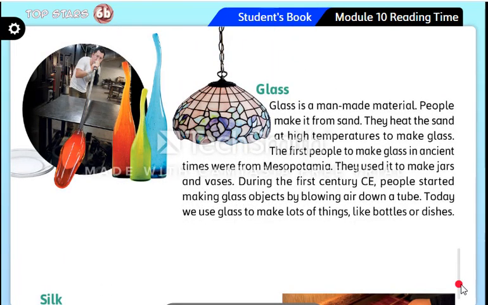People use sand to make glass. They have to heat it at very high temperature to make it melt. The first people to make glass items were from Mesopotamia.